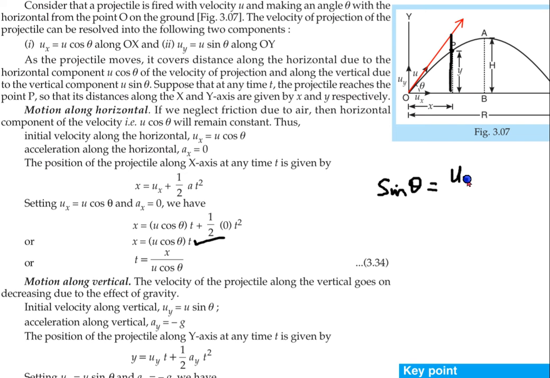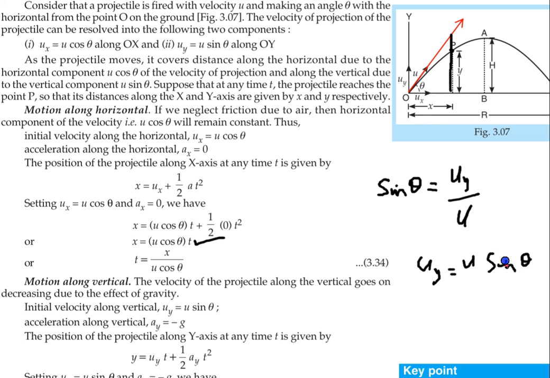So uy by u is sine theta, so uy equals u sine theta.